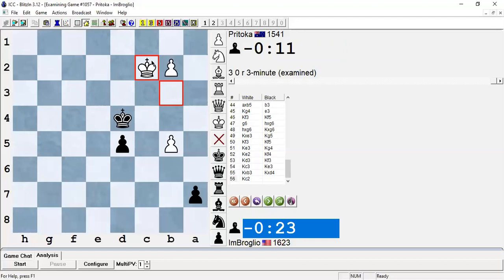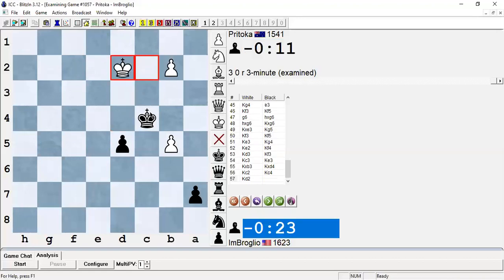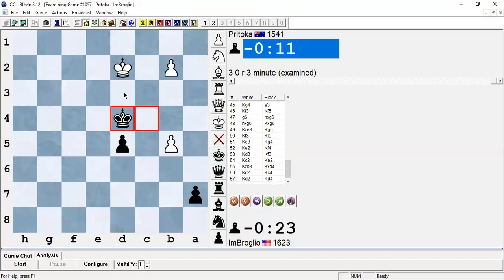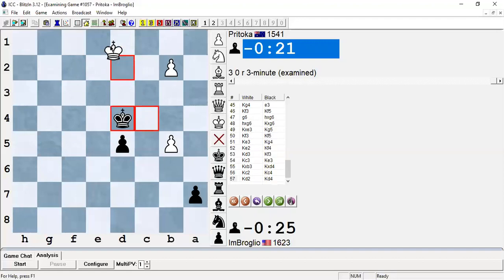Now, if white gets kind of stubborn here, we can just do this. See? So again, all of white's pawns are going to fall if necessary. Maybe there's a way just to win. Let's see, if you go here, again, vertical opposition. White has to move to one square or the other, either to this square or this square.